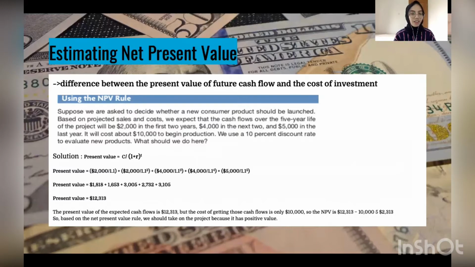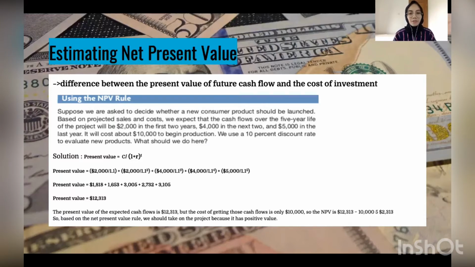The solution of this case is using present value. The present value formula is C divided by 1 plus rate to the power of t. And then we got the present value of the expected cash flow is $12,313, but the cost of getting those cash flows is only $10,000.